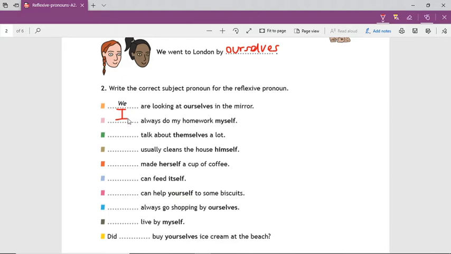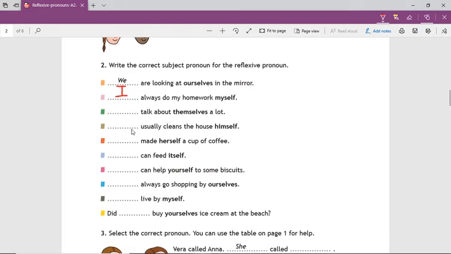The best way to say it is actually I. Next up, we've got talk about themselves a lot. So it's them, and therefore the answer is they. And we don't know whether this is singular or plural, so it could be they as a group or they as an individual.